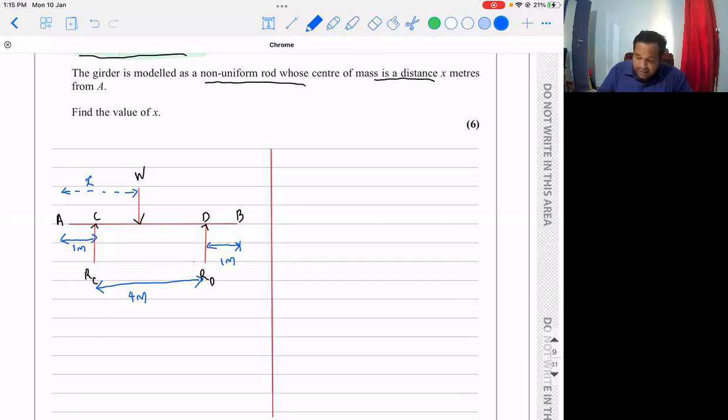And in the first case, there is a force of 900 Newton acting upwards. Due to that, this is going to tilt.